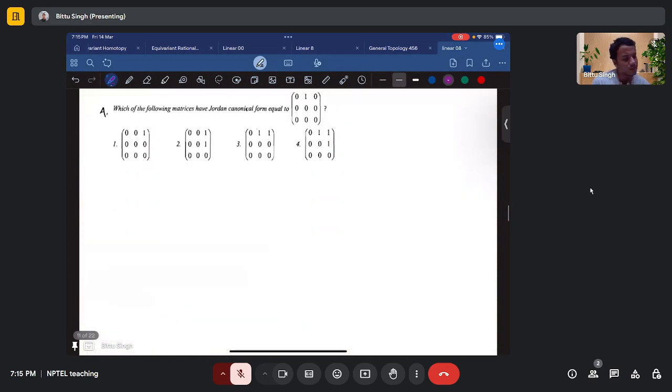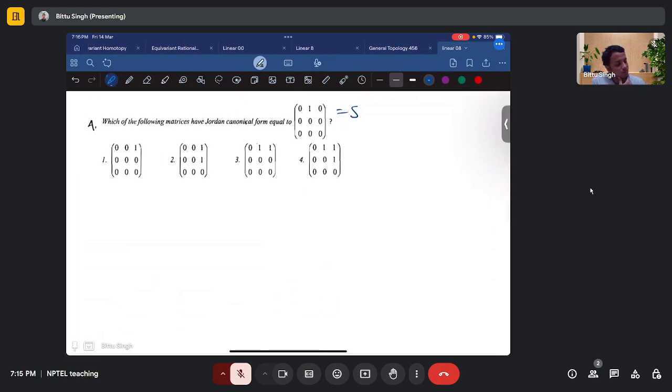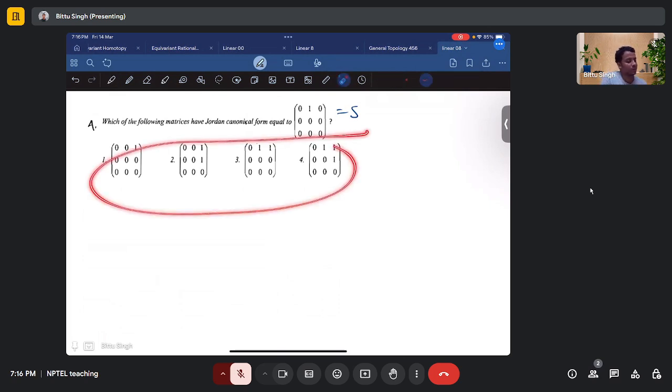Okay, so let us see question number 4. Here we can see that the given matrix A has a given Jordan canonical form. Now the question is, which of the following matrices have this Jordan canonical form?